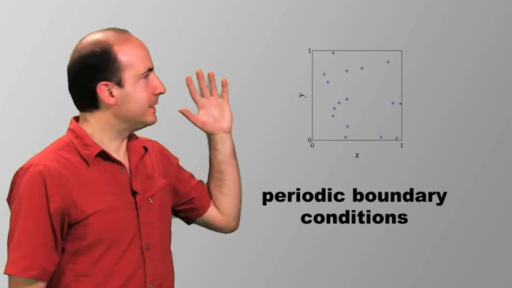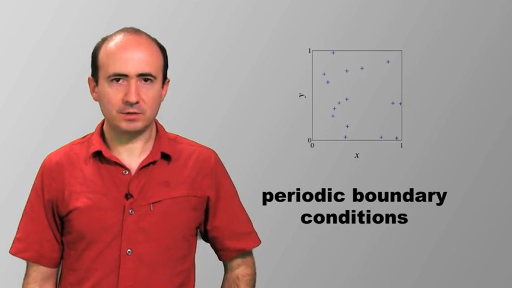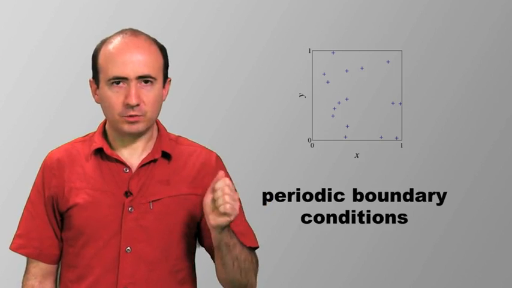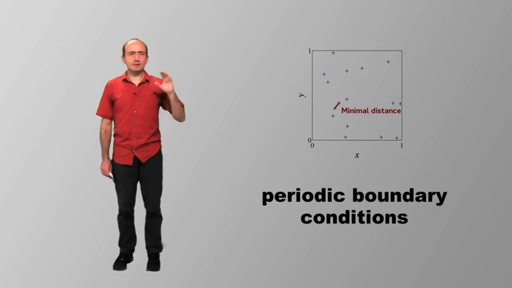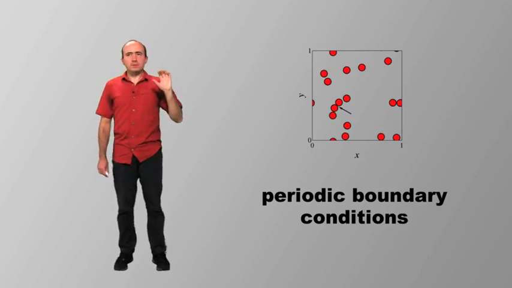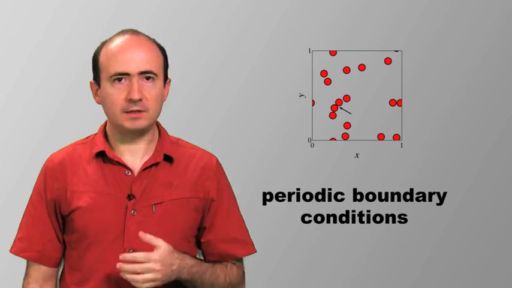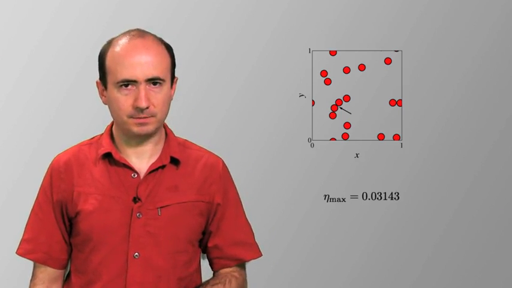In fact, from these 16 points in the box, you can obtain a legal hard disk configuration for all values of the radius which are smaller than the maximal radius, equal to half of the minimal distance between two of those points. In this present configuration, the value sigma max of this maximal radius is equal to 0.025, and it corresponds to a maximal density eta max equal to 0.03143.